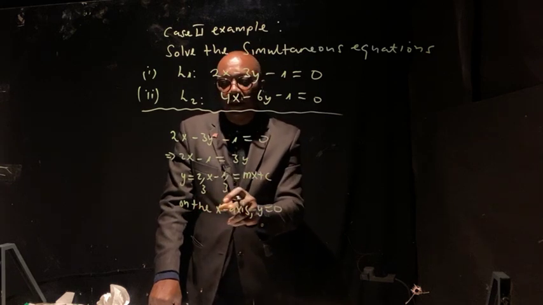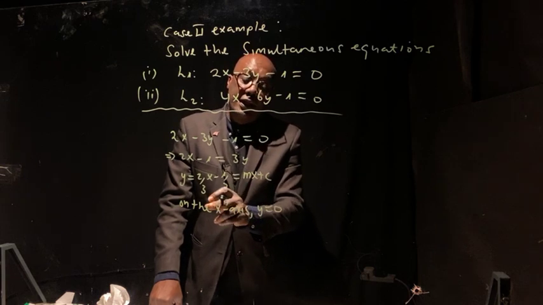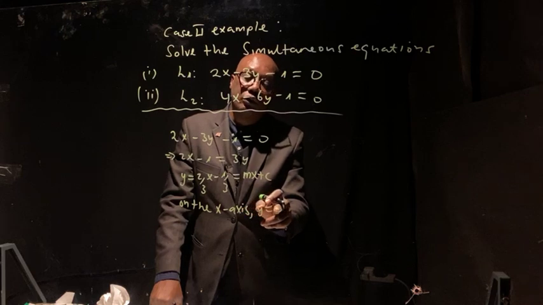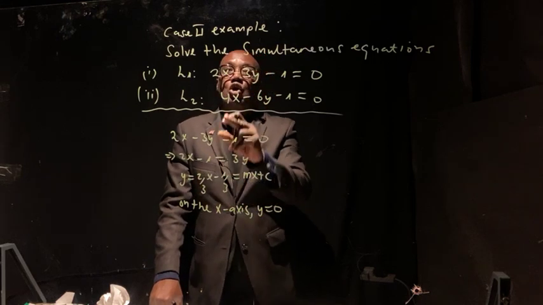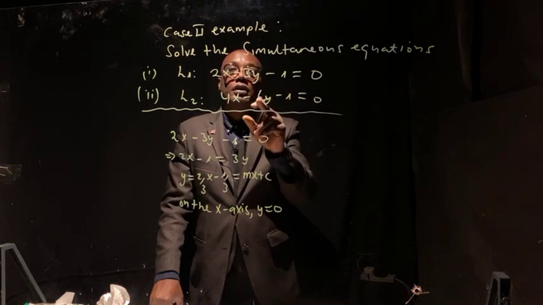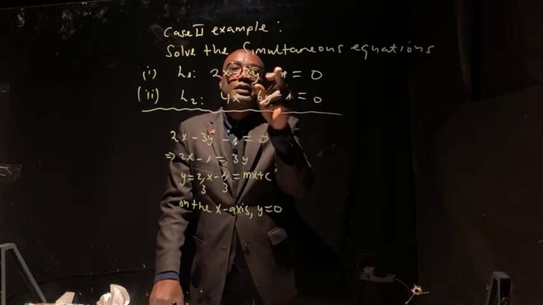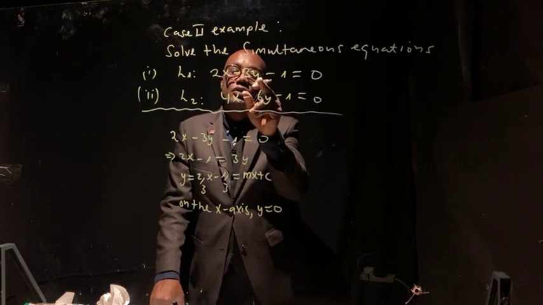What about where the line crosses the x-axis? Where the line crosses the x-axis, y should be put to 0 in either equation, whichever is simpler. On the x-axis, y equals 0.